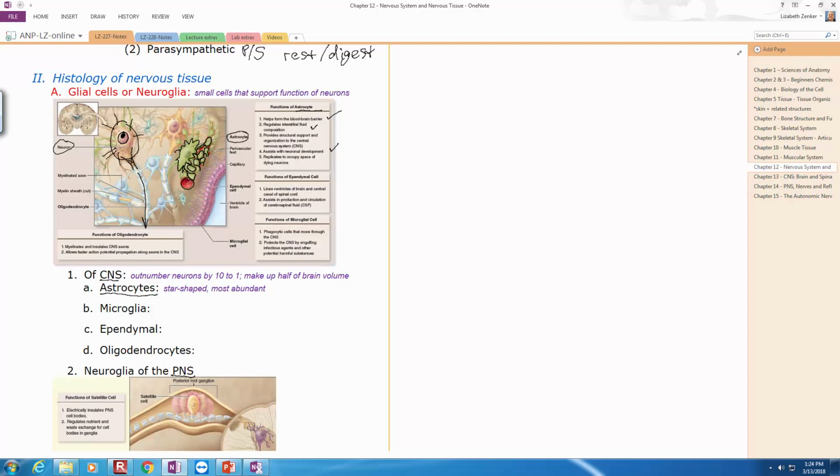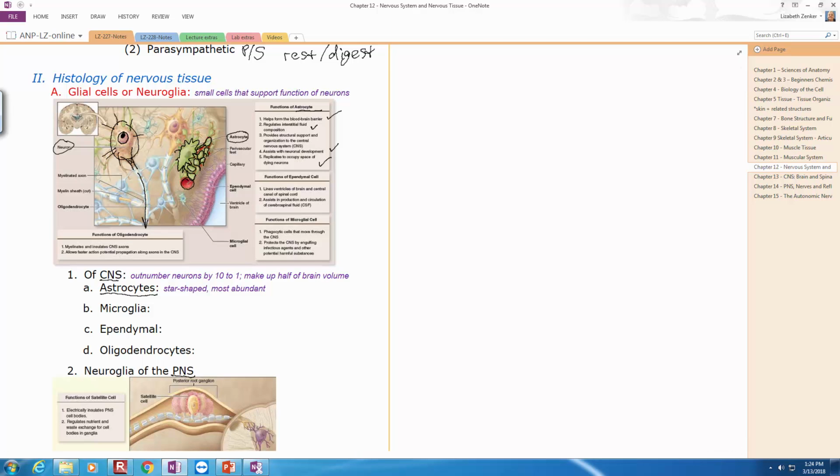And then it also says replicates to occupy space of dying neurons. So if for some reason, unfortunately, you have a neuron that gets damaged and then dies, the neuron can't replicate. And so we'd have a gap in that area, right? As the cell atrophies and gets eaten up because it's not a living cell anymore, astrocytes will fill in that space.